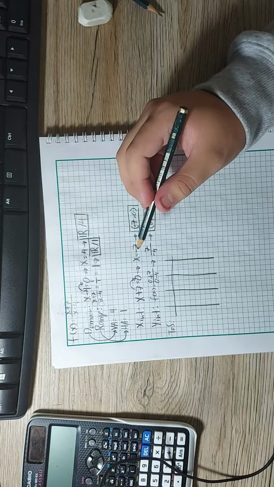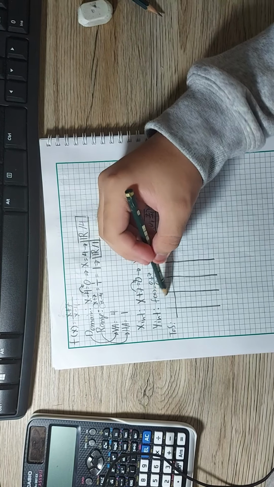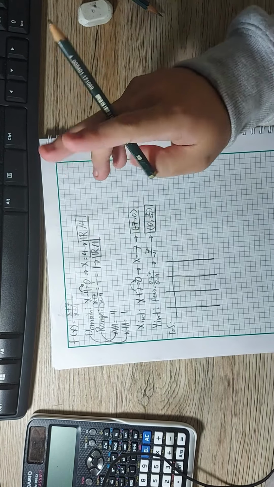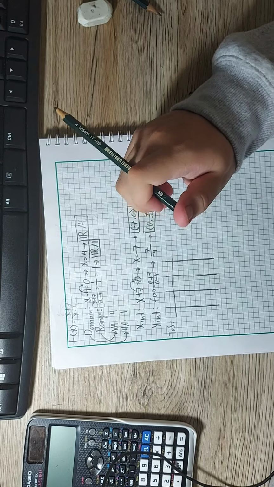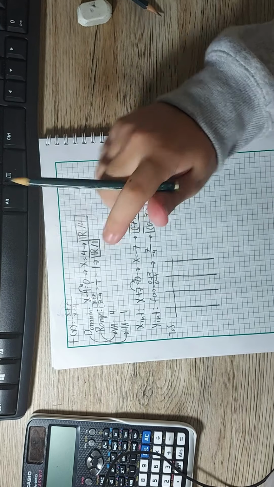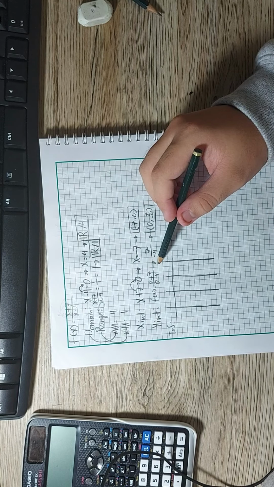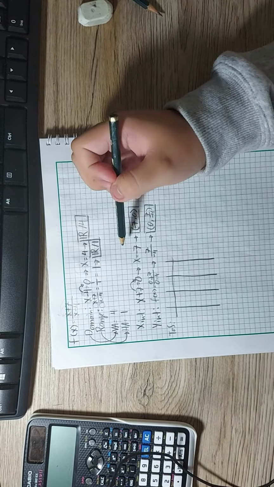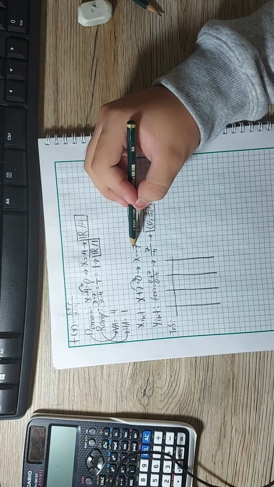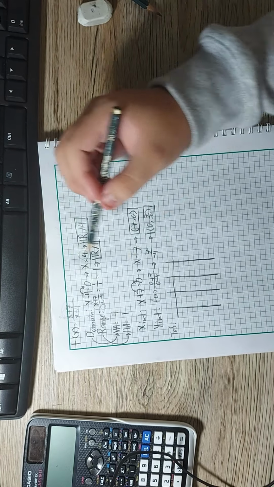The numbers that we're going to use here are the x-intercept and the domain number. So negative 7 and 4.